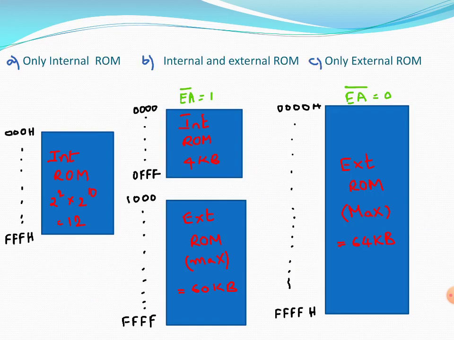Revising the same: program memory or code memory, we can connect in 3 different ways. One is only internal ROM, which is 4 kilobytes.